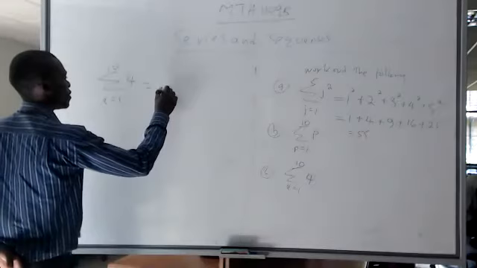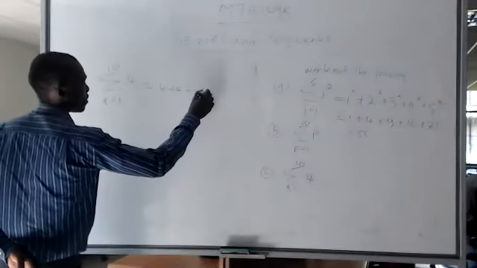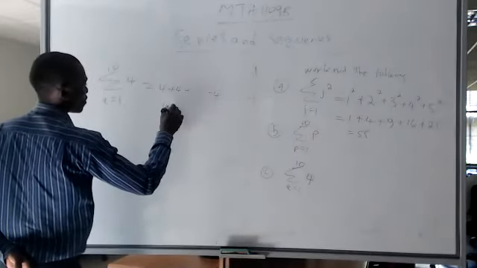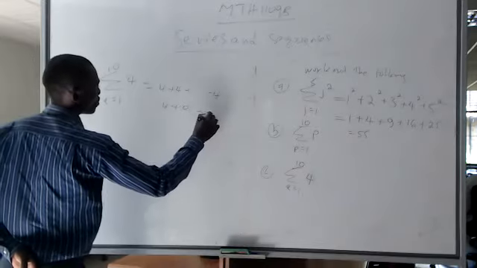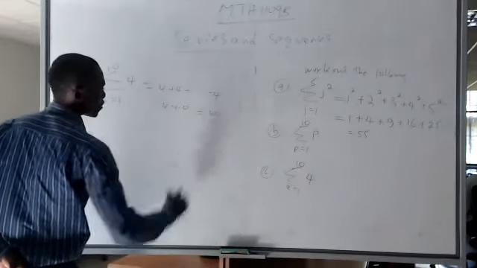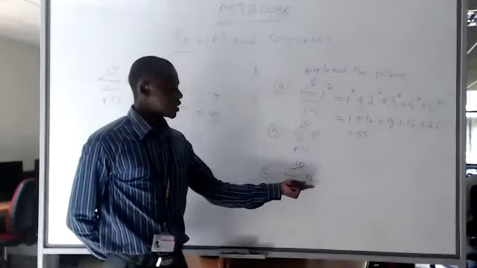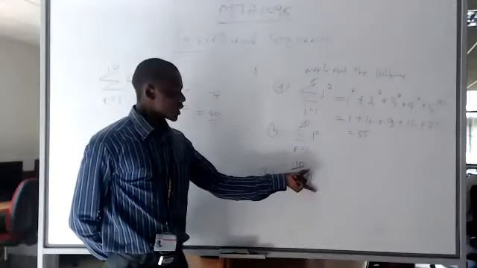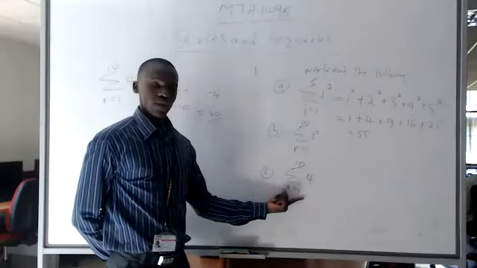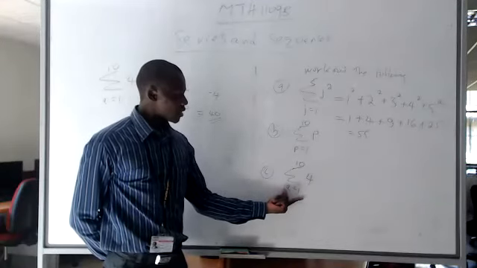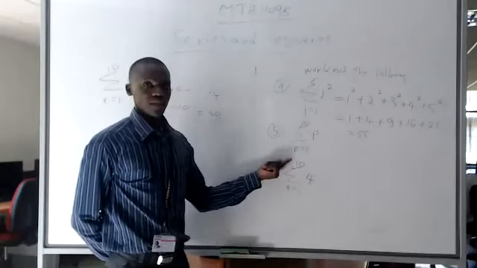This should be 4 plus 4 plus 4, which is 4 times 10. So that should give you 40. When we have a constant term, when this term does not depend on the variable, you just add it the number of times that is required.